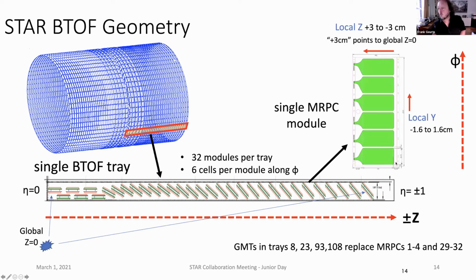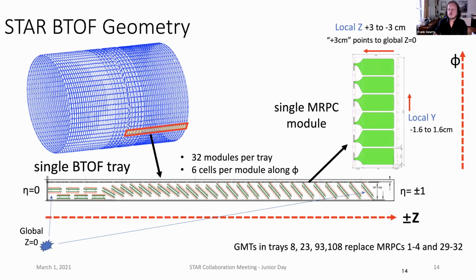And then this local Y, which is basically along the phi direction, if you look at this from a STAR global point of view. And also again, has for each individual pickup pad a range that is about 3.2 centimeters.